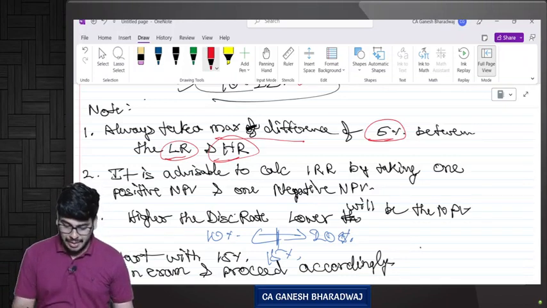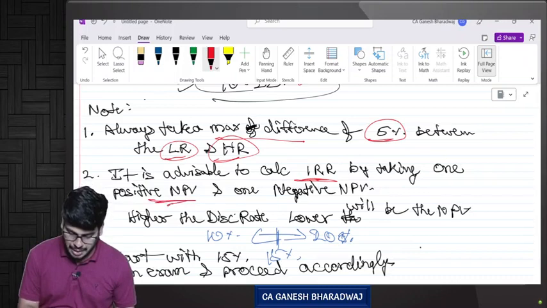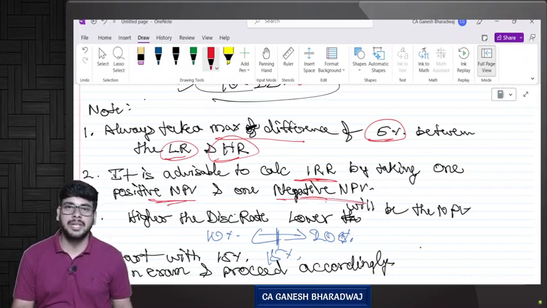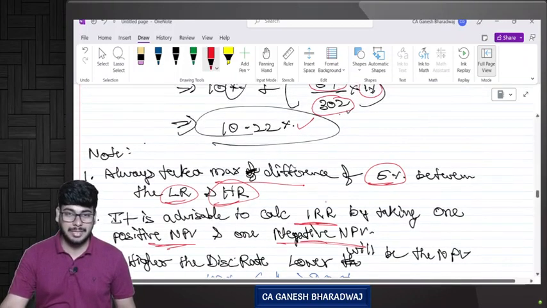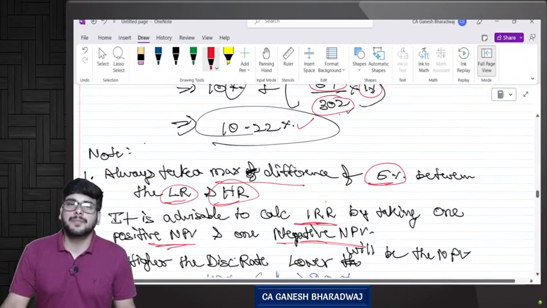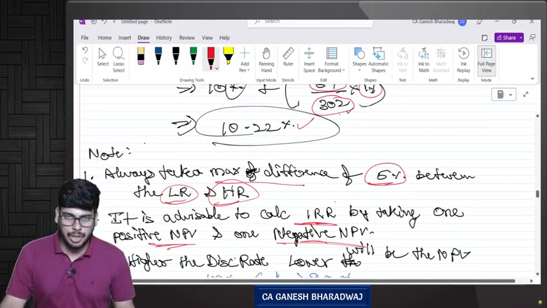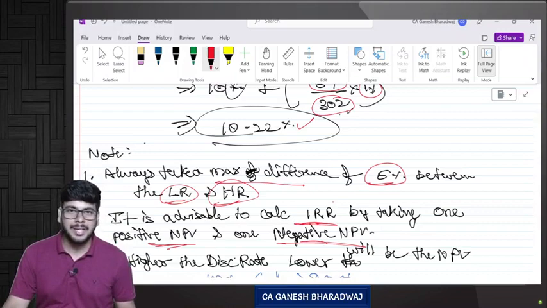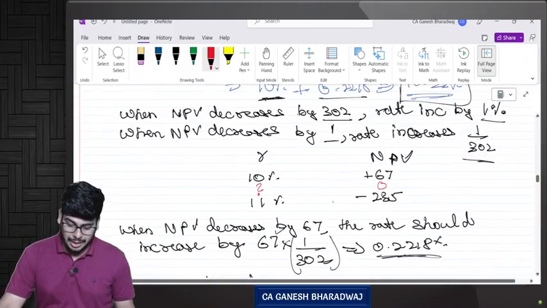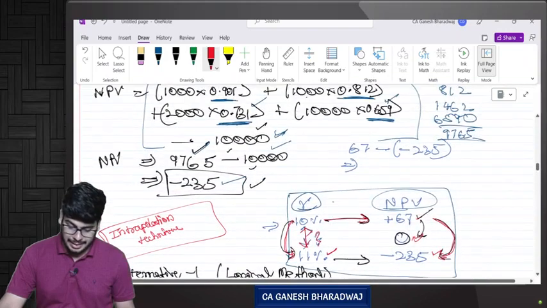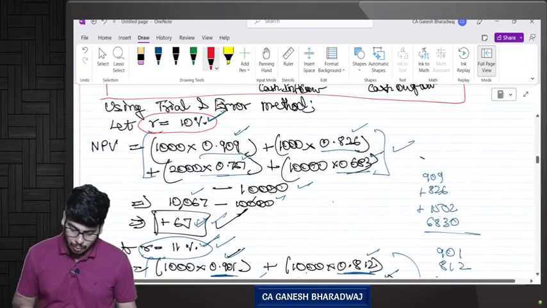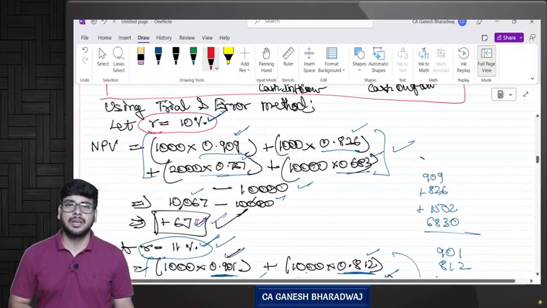Next, it is advisable to calculate IRR by taking one positive NPV and one negative NPV. Suppose, just as an example, trial 1 you took as 5%. If you take your trial as 10%, you get a positive NPV of 67, correct? Yes.